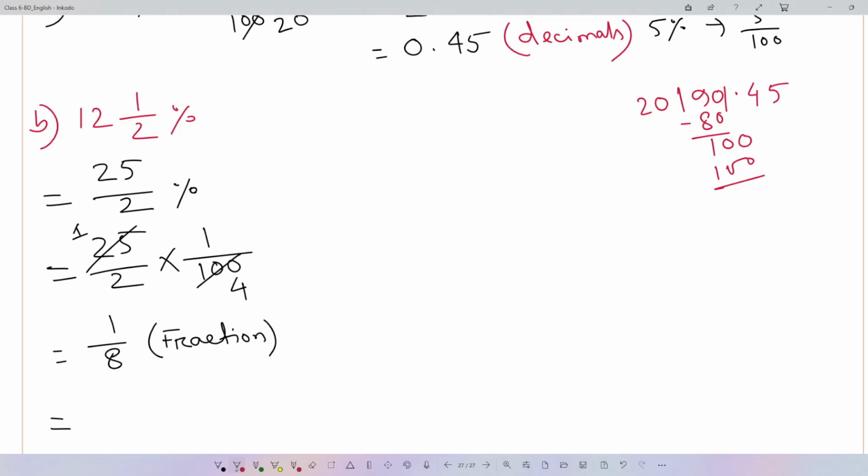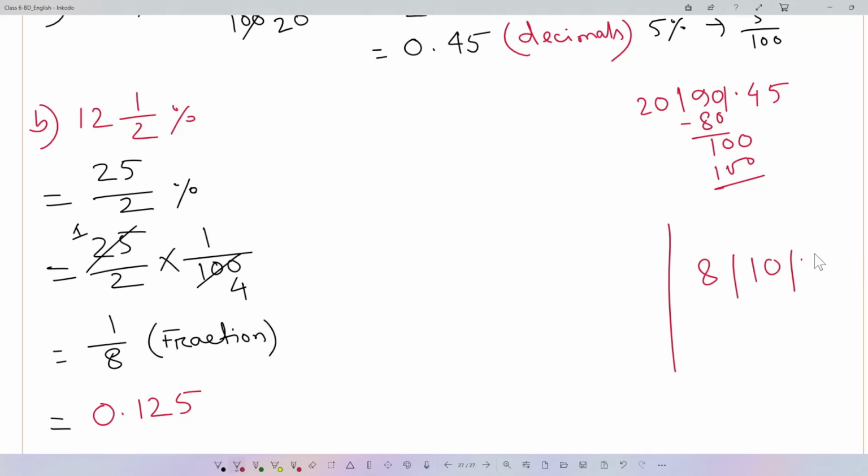How? We can use a calculator. 1 divided by 8 will be 0.125. But if you are not allowed to use a calculator, in the rough side you need to show how you find the value. This one I am trying to show you, but the next one you should try. 1 is not possible, so you use a decimal.